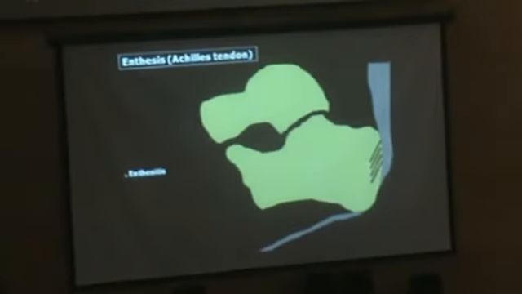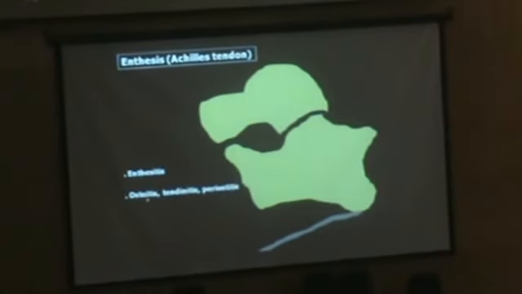And after we have this activation of inflammatory mediators, we're going to have some spread of the inflammation to the surrounding tissues, and this includes osteitis, tendinitis, and periostitis as well as inflammation of the ligamentous structures involved or surrounding.